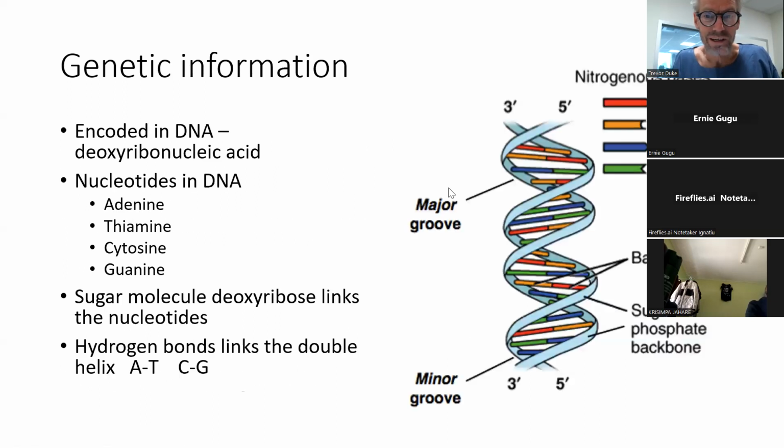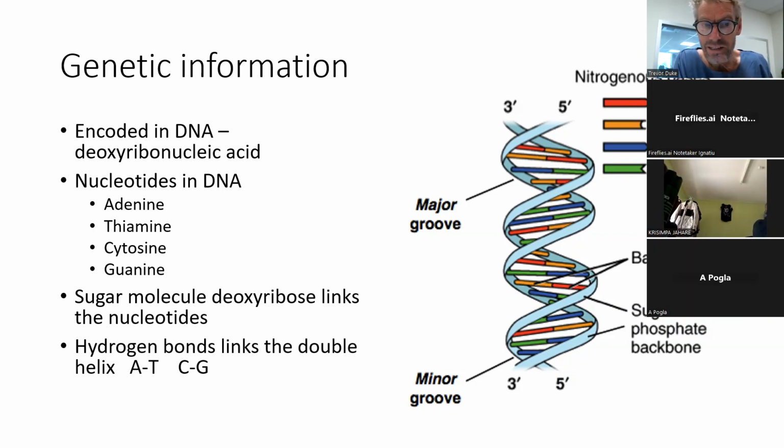Right. So just to start with the real basics of genes, I think you know this, but genes are all encoded in DNA, deoxyribonucleic acid, that's in the nucleus of the cell. There are 4 what we call nucleotide bases in DNA: adenine, thymine, cytosine, and guanine.